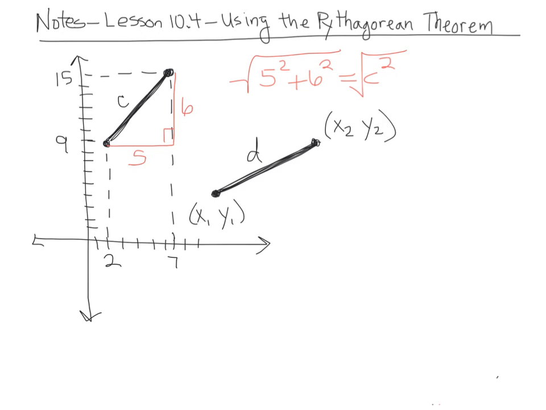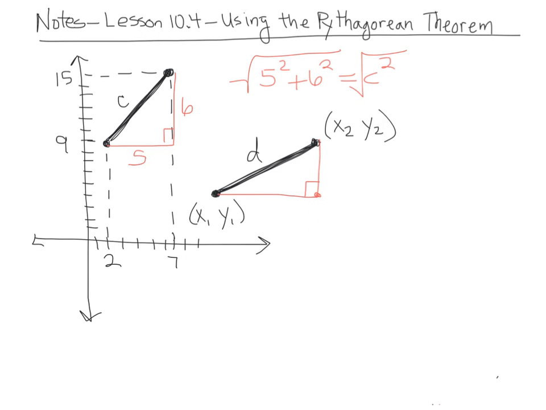Now let's build a right triangle, just like I did before. We'll build a right triangle. And I'll need this point right here. Well, to get to this point, I went over x1 up y1. To get to this point, I went over x2 up y2.